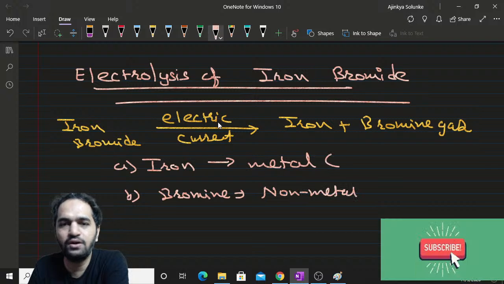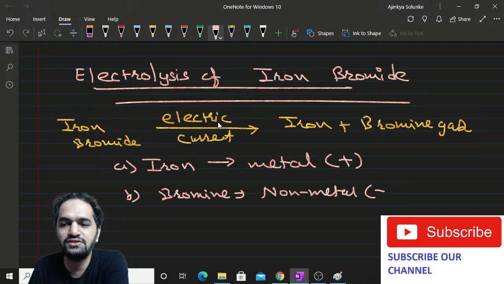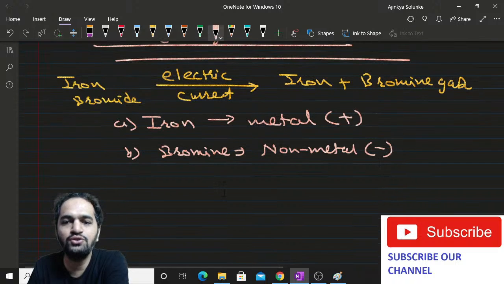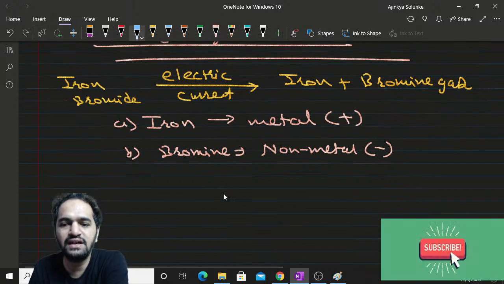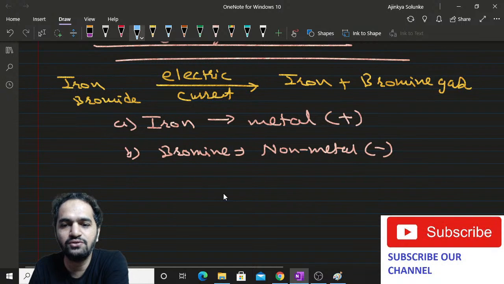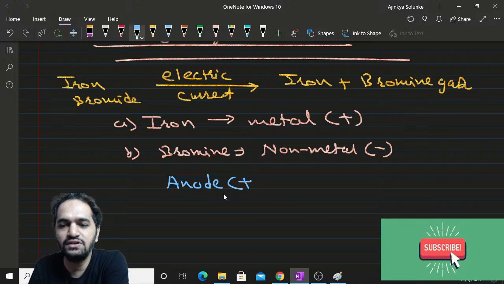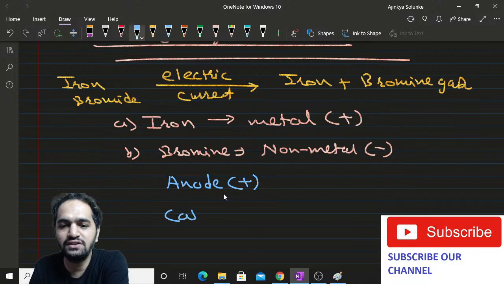Metals are positively charged, non-metals are negatively charged. Now you tell me who is going to deposit at the anode and who is going to deposit at the cathode. Anodes are positively charged, cathodes are negatively charged.